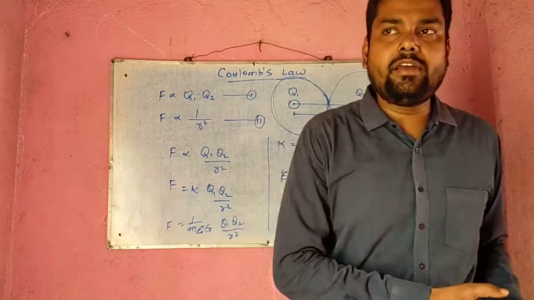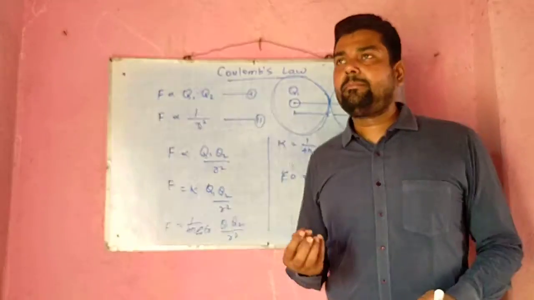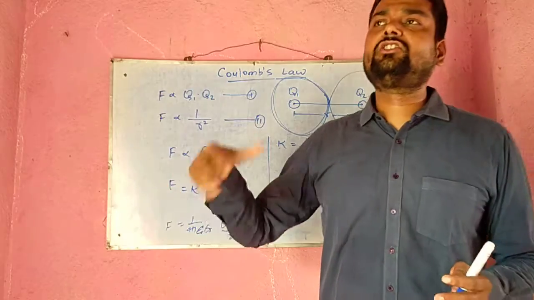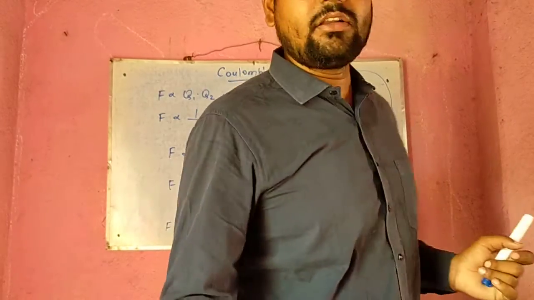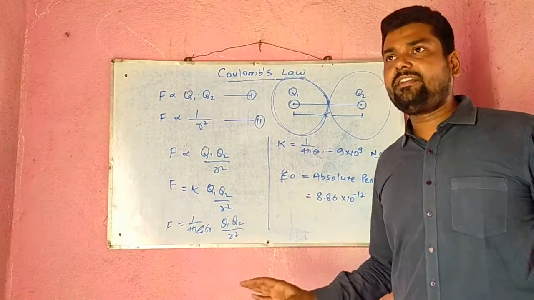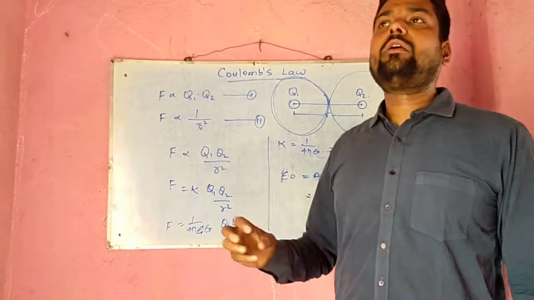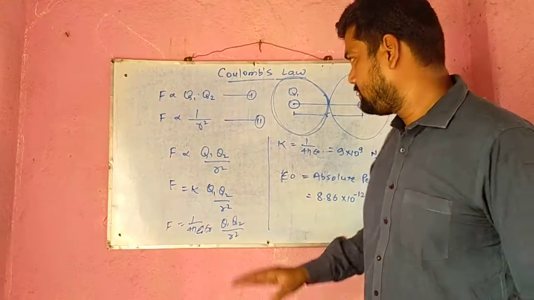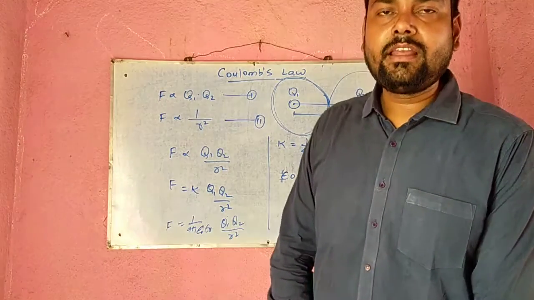If the charge is kept in oil, every time the medium will be oil. If we go on changing the medium, the force acting will also change, but definitely the value of that medium or dielectric constant will be fixed. So that's it for today. Thank you.